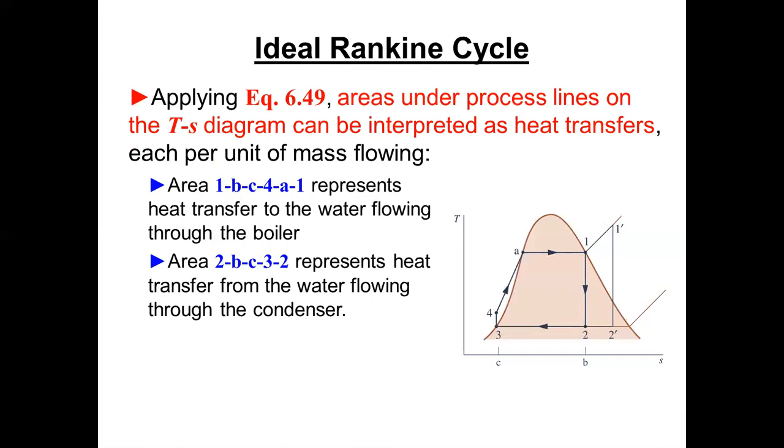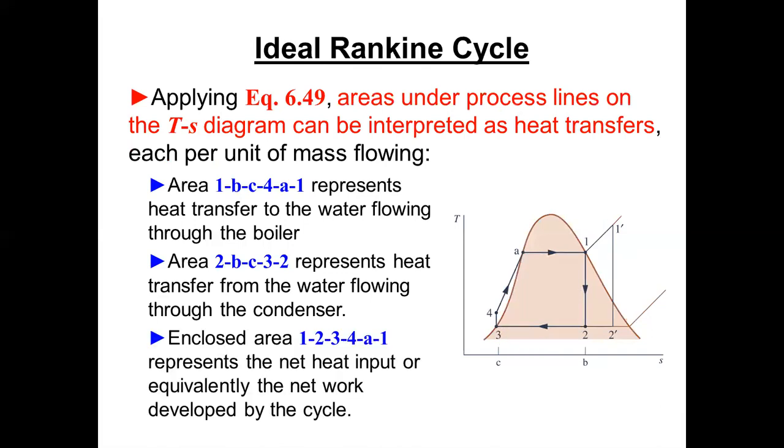Then area 2, B, C, 3, 2 represents heat transfer from the water flowing through the condenser, or the heat that's rejected. And the enclosed area 1, 2, 3, 4, A, 1 represents the net heat input, or equivalently the net work from the cycle. So that's the ideal Rankine cycle on the T-S diagram with the area representations.